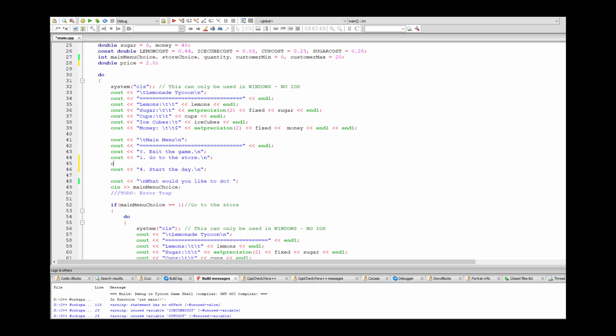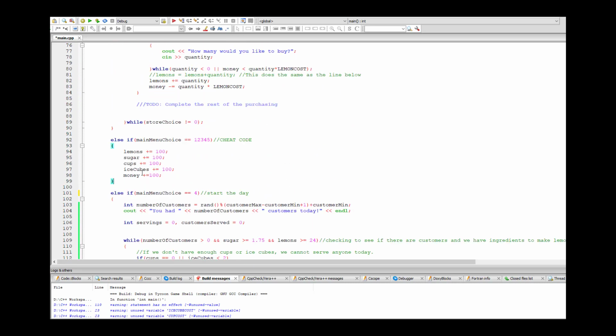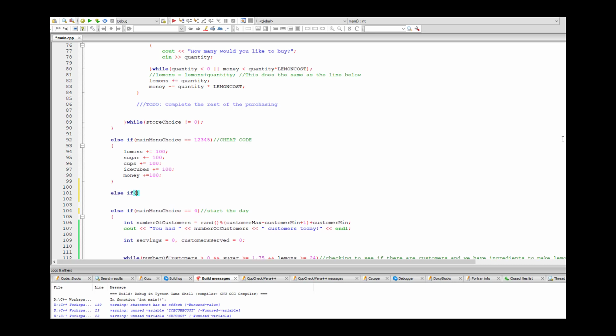Okay, so let's put in something like this. Set the price of your lemonade. So we will just go and, as per usual, throw in an else if statement here. Else if main menu choice is equal to 2.